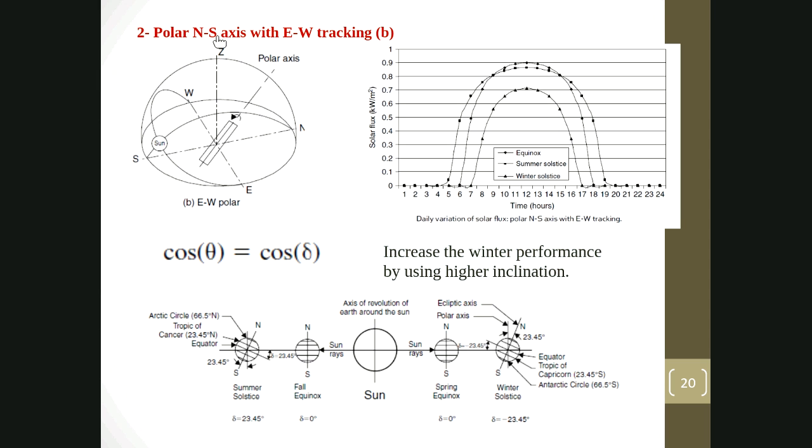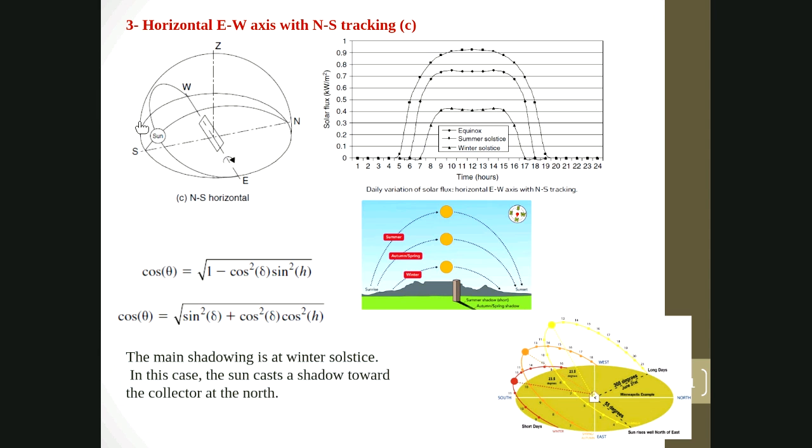The third case here, or the second case from the single axis, if I have my tracking system going from north to south, this is also the output. We find maximum at summer, then equinox, and minimum at winter.